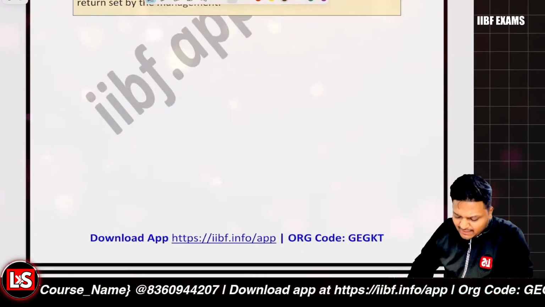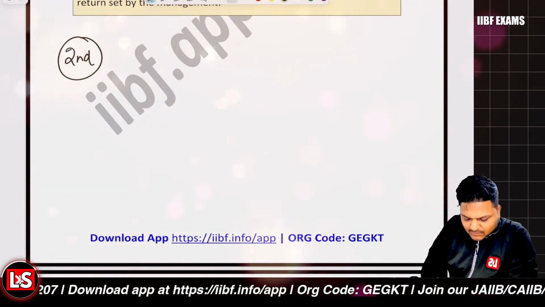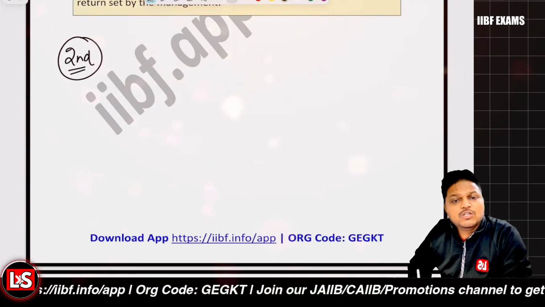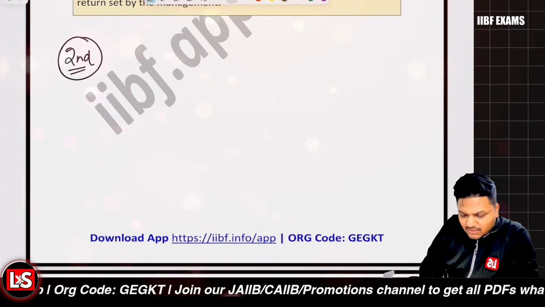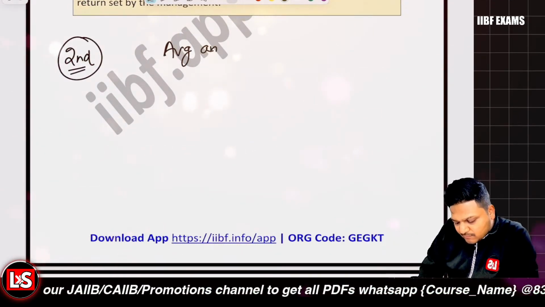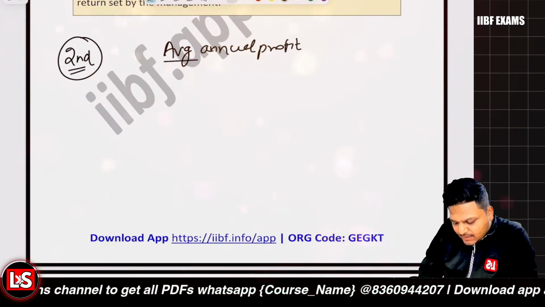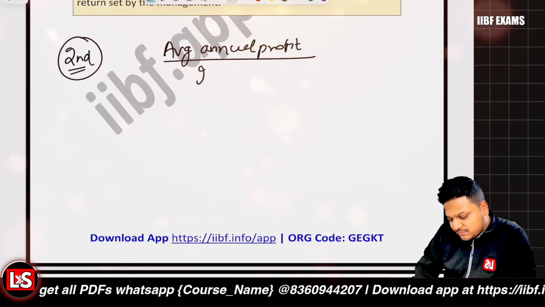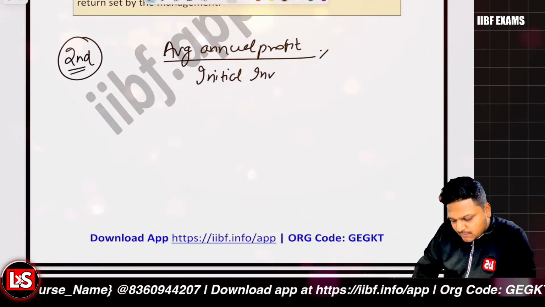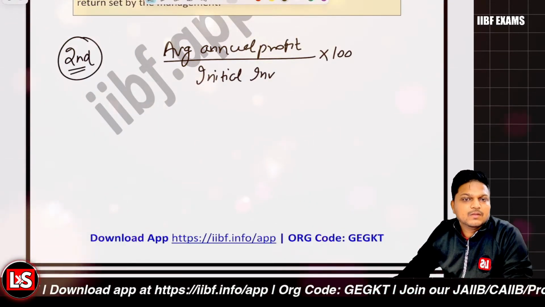The second method that we use in case of ARR is based on the original investment. It is the average annual profit divided by the initial investment, multiplied by 100, right?